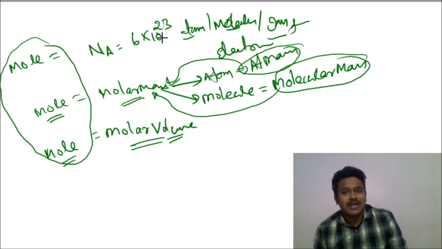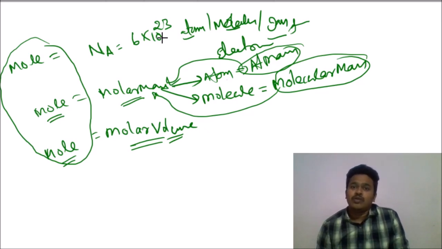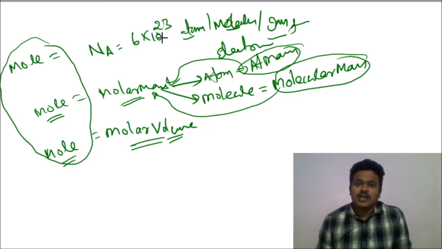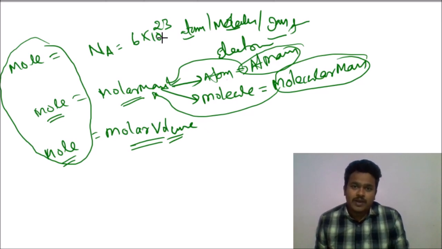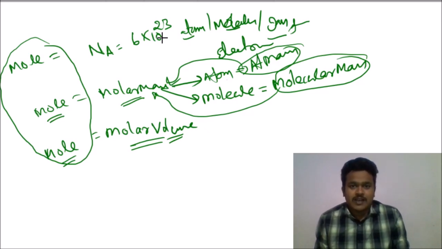That is why this chapter is named basic concepts of chemistry. For each and every numerical, you have to understand these concepts properly, so keen observation is required. Watch properly and you will get this concept clearly.